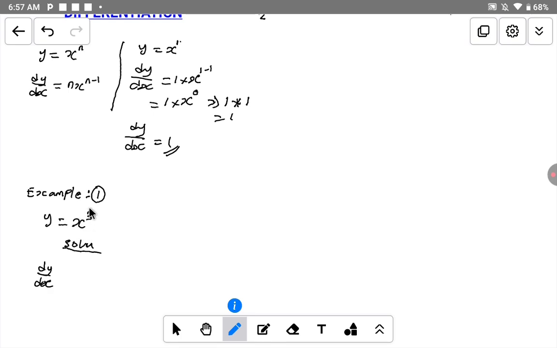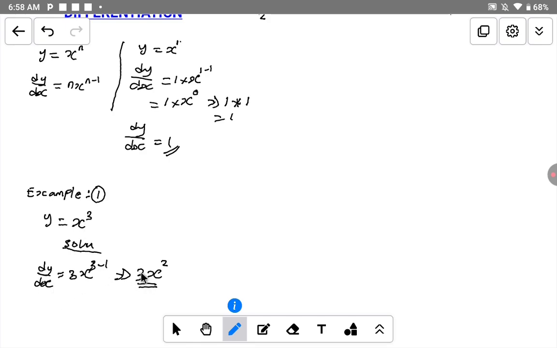The index is multiplied by the base, that will be 3 multiplied by s, which gives us 3s. Now you subtract 1 from the index, that is 3 minus 1, which is equal to 2. So the solution to this question is 3s raised to the power of 2. So when we are differentiating y equal to s raised to the power of 3, the answer is equal to what?